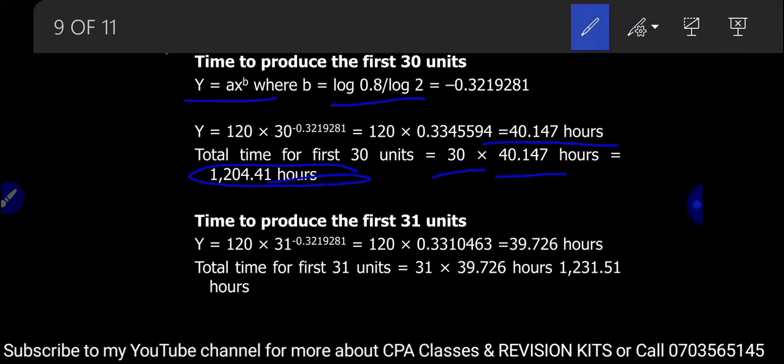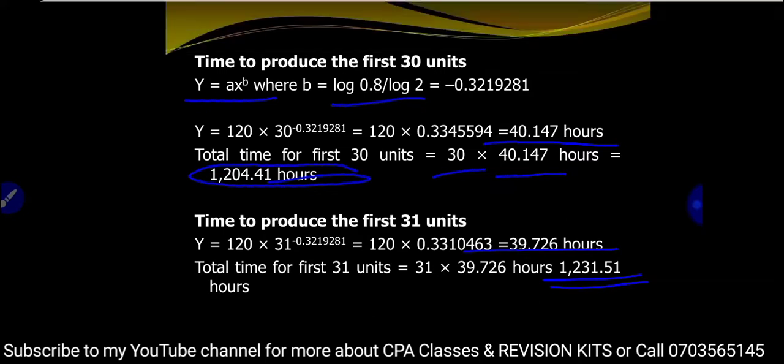This gives us a cumulative average time per unit of 39.726 hours. So the total time for the first 31 units is 1,231 hours.